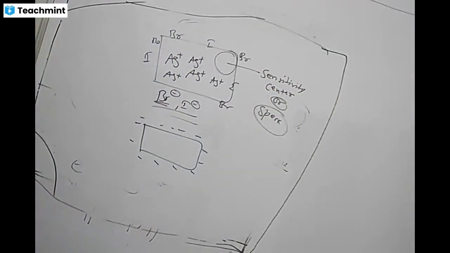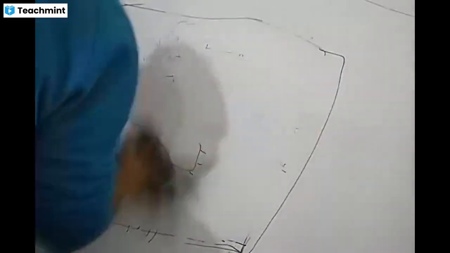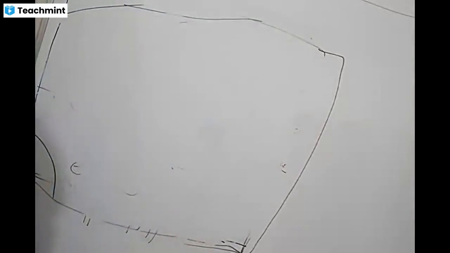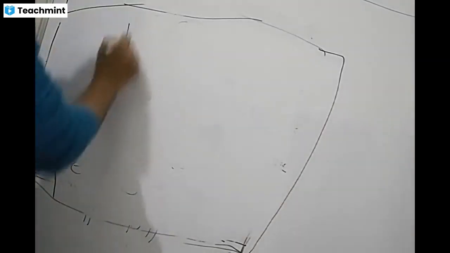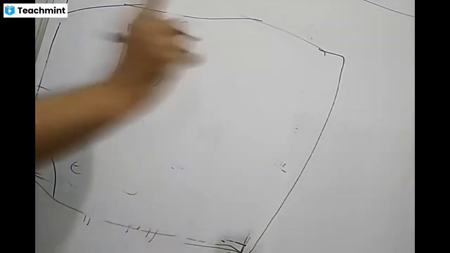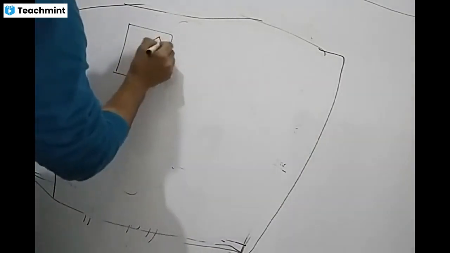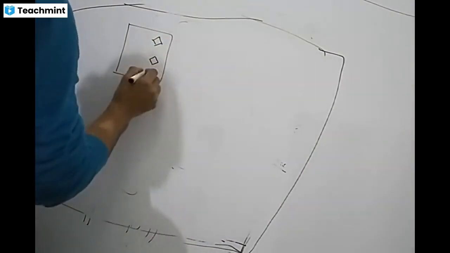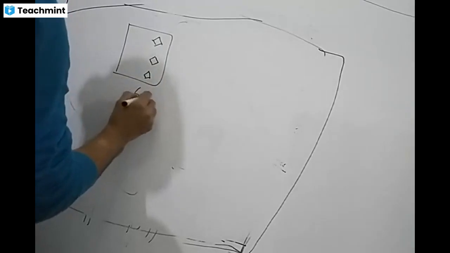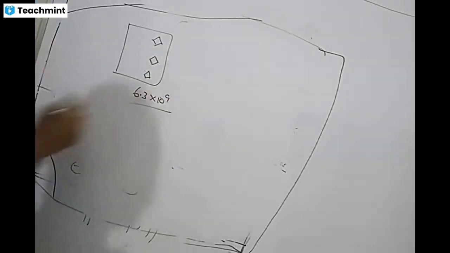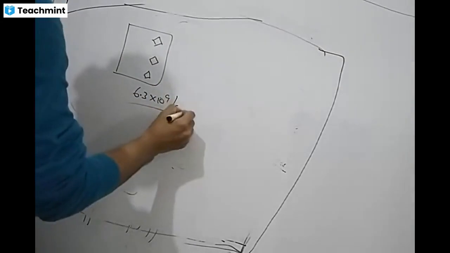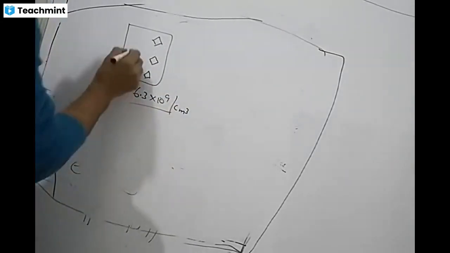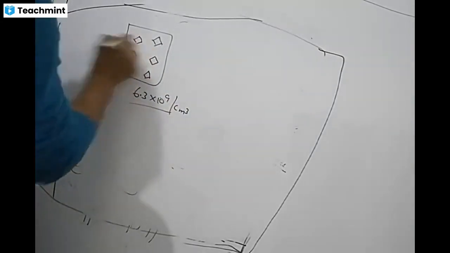Inside the emulsion of the film, there are these crystals. How many crystals? 6.3 times 10 to the power 9 per cubic centimeter.